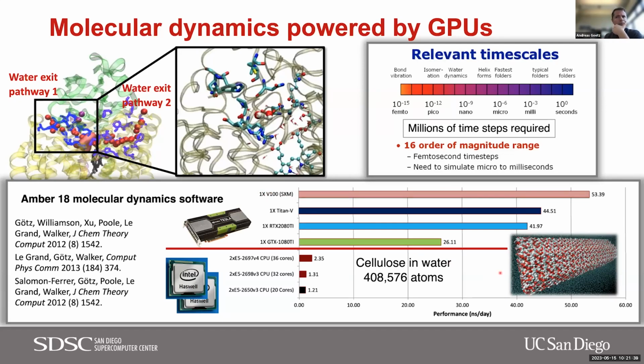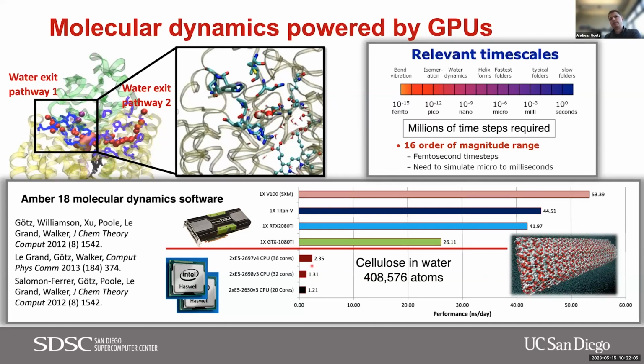And what you see is basically how many nanoseconds, so 10 to the minus 9 seconds in the life of a molecule, in this case a cellulose strand, about 408,000 atoms solvated in water, you can simulate in a day. So this is a typical benchmark.